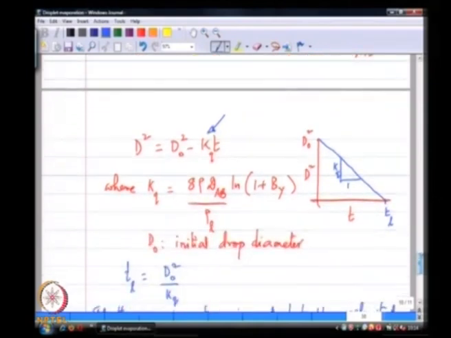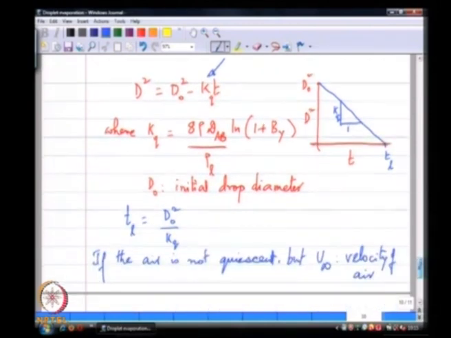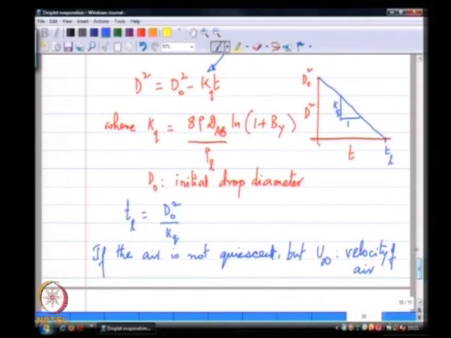The point to make here is, of all the properties that influence droplet evaporation, it is the diffusivity that is the most important. The diffusivity of water vapor in air is going to significantly affect the value of kq much more than the value of the saturation concentration versus the concentration of water vapor in the infinite ambient.